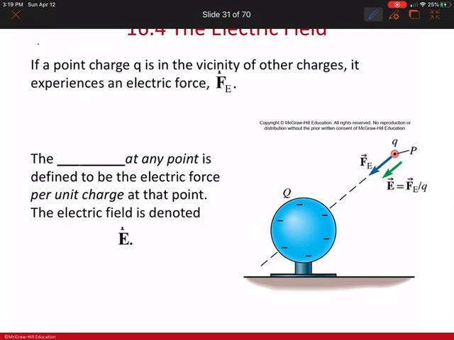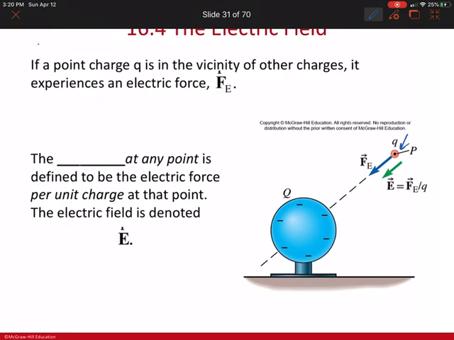16.4, the electric field. So if you are following along in your PowerPoint, go to that slide. So if there's a point charge, like this right here, and it's in the vicinity of other charges, it is going to experience a certain force, okay?